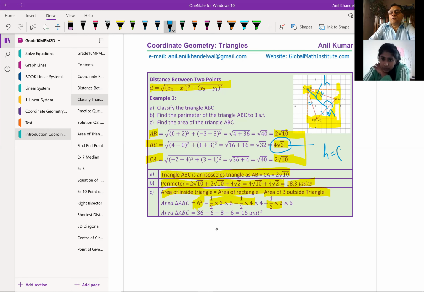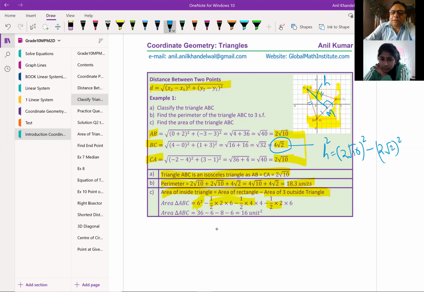So this will be 2 root 10 whole square, let me write height square here, minus half of this, which is 2 square root 2, square. So you get the height square, and you can use this height square in your formula. Correct, you could do that.